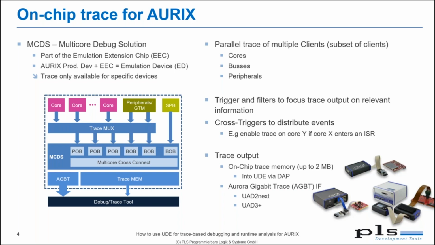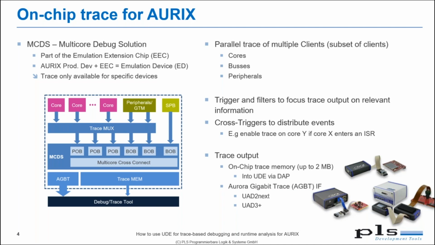Each of the observers provides trigger and filter units that allow you to reduce the amount of generated trace data. You simply select which information should be traced and output to the trace memory or via the trace interface.